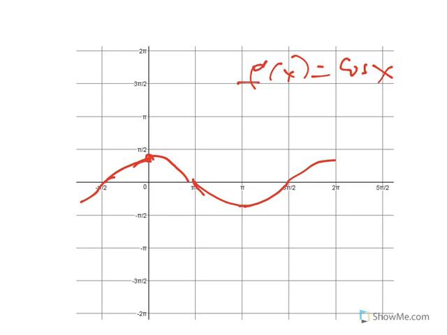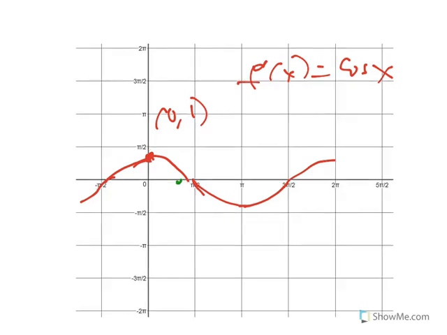Now we can do a similar thing for cosine. Here's the graph of cosine x. I have this point over here, which is 0, 1. That means that on this other graph, I'm going to have the point 1, 0.